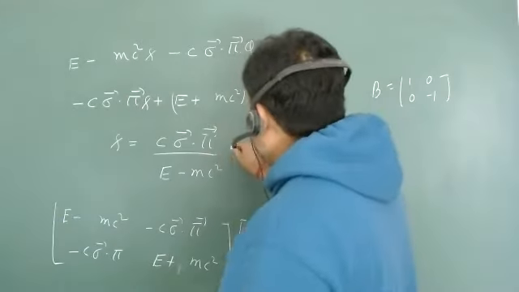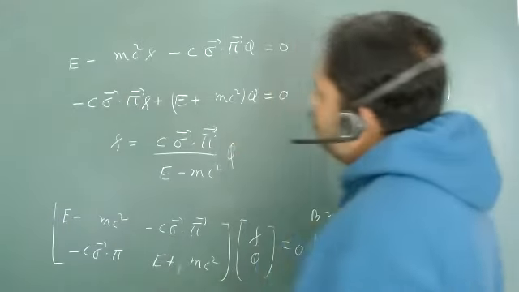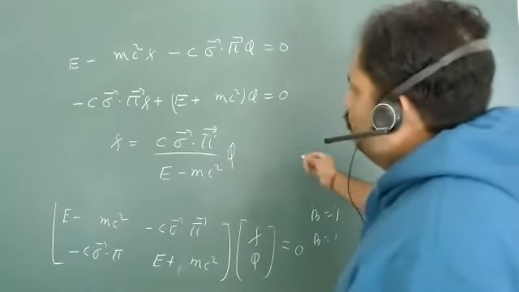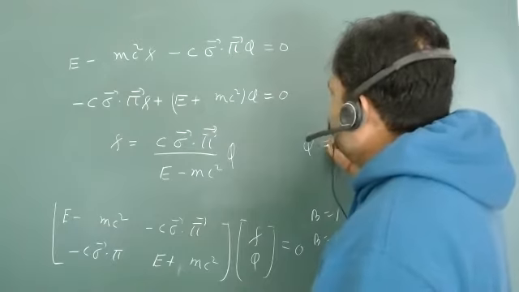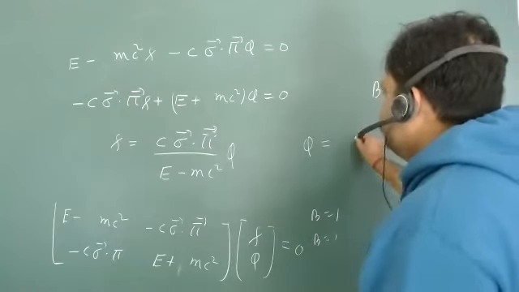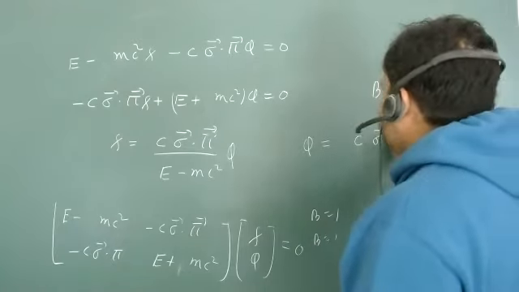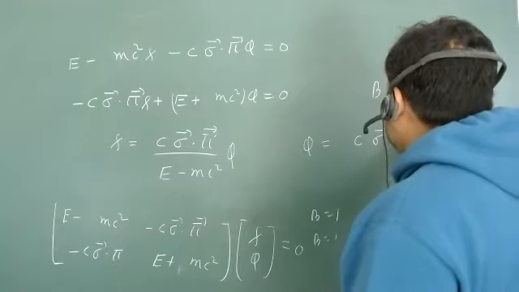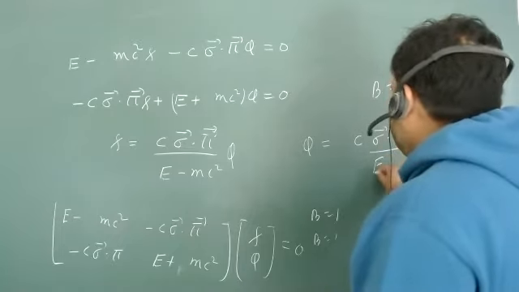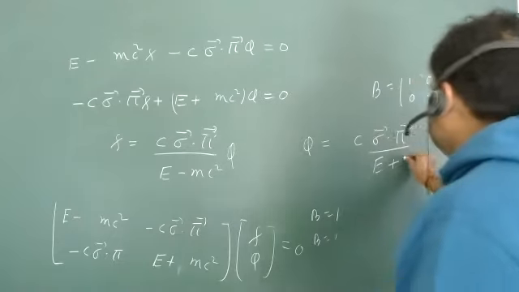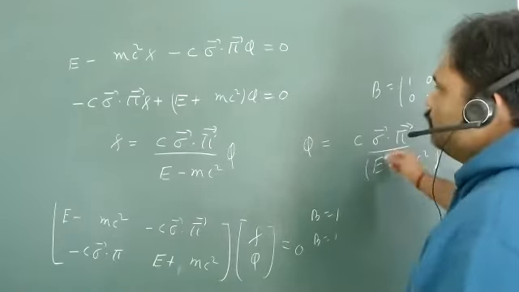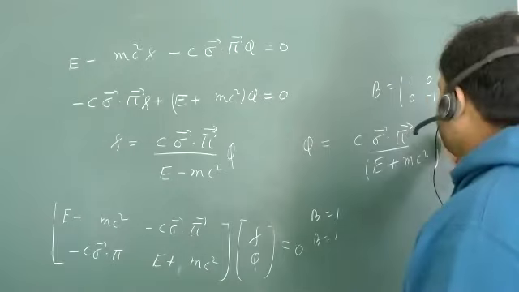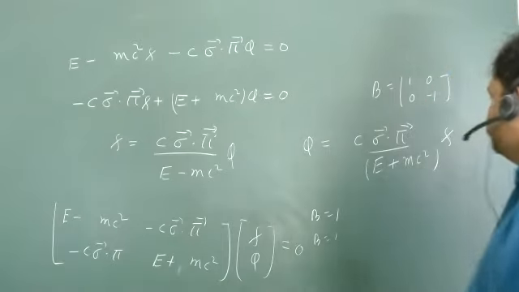Yes. And the second equation is basically phi is equal to c sigma dot pi by E plus mc square chi, isn't it?